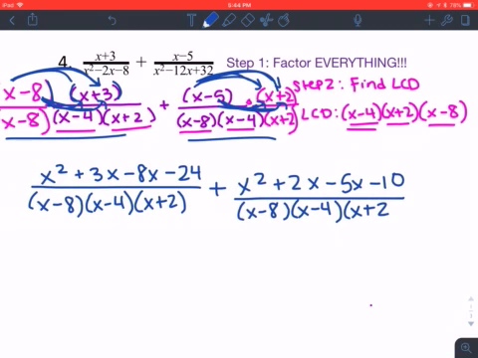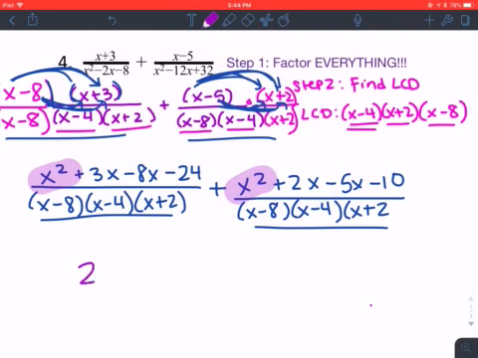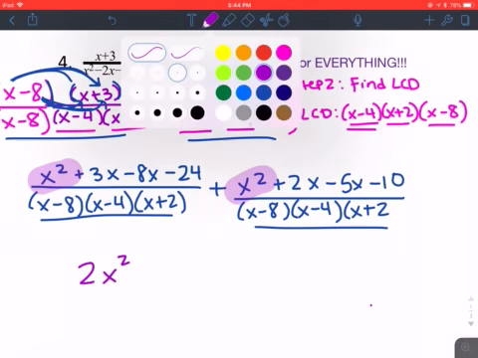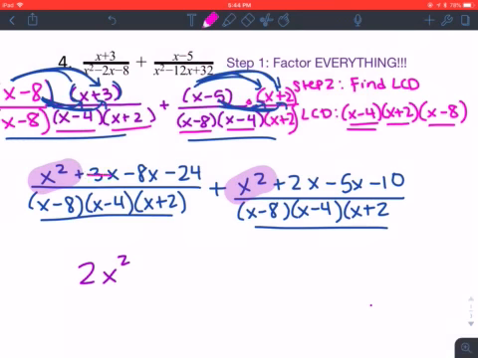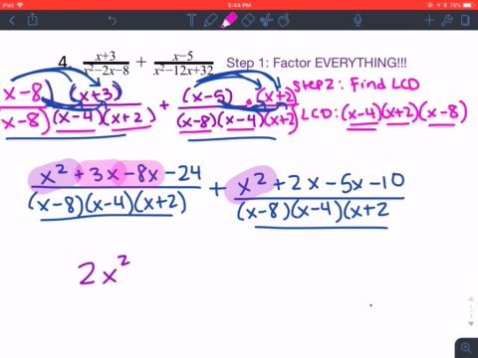At this point, I have common denominators, and there are no more parentheses left in my numerator. So I can start combining my like terms. I have an x squared plus x squared, so I have 2x squared. Then I have a 3x. Okay, 3x minus 8x, that's a negative 5x, plus 2x, so negative 3x, minus 5x, gives me a negative 8x.